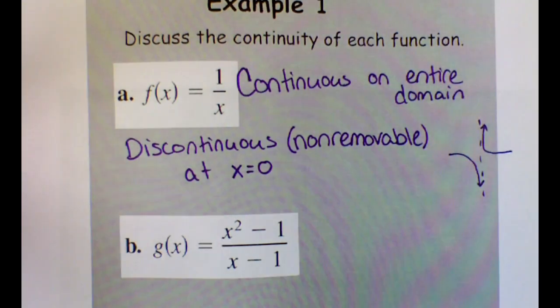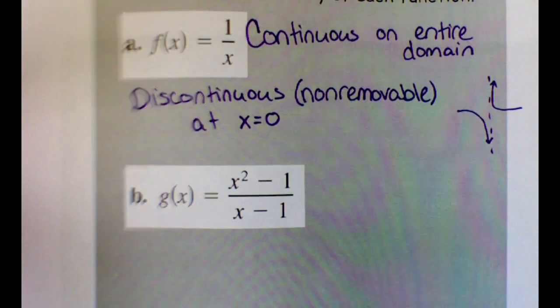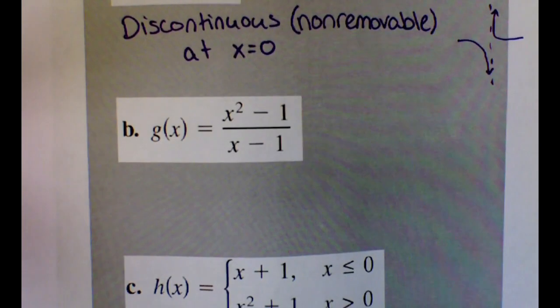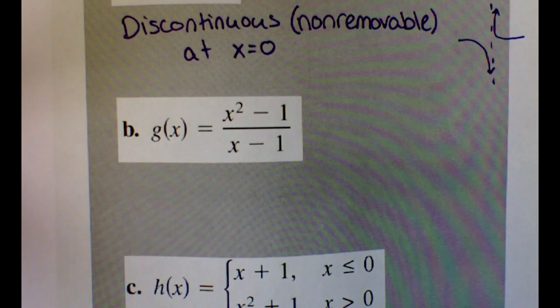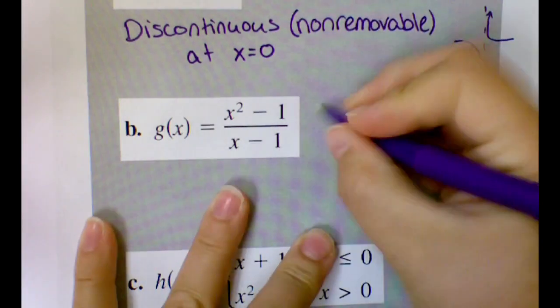So that's non-removable. Letter B here, x squared minus 1 over x minus 1. I know that this has an issue at x equals 1. So that means it's definitely discontinuous somewhere. But on its entire domain, it is continuous, and I could verify that by looking at the graph. So everywhere except 1, it is continuous.